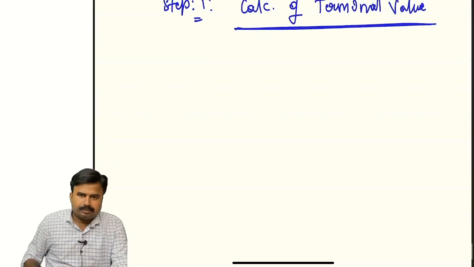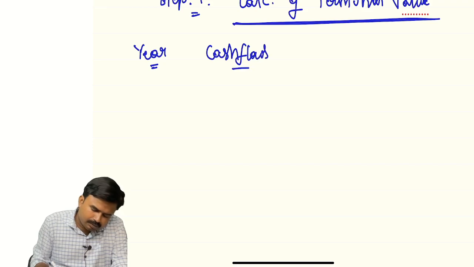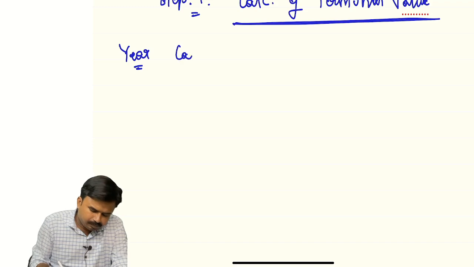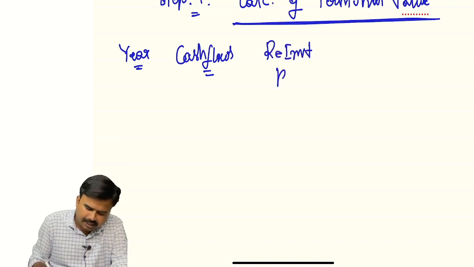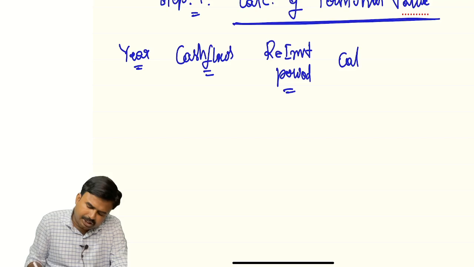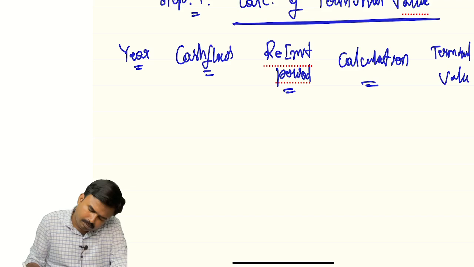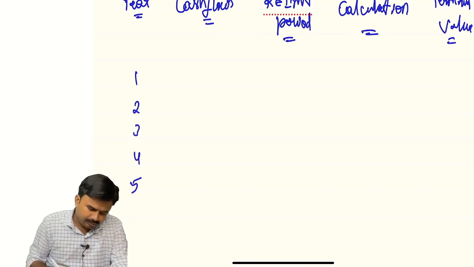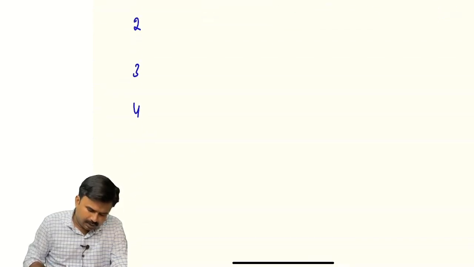Let me take the columns: year, cash flows, reinvestment period, for how many years you are reinvesting your cash flows, calculation and terminal value. So 1, 2, 3, 4, 5.